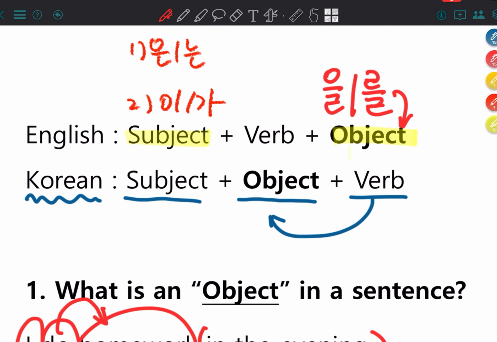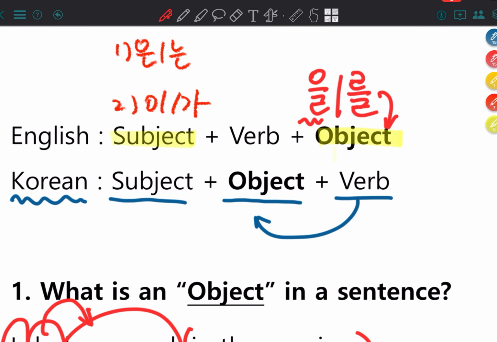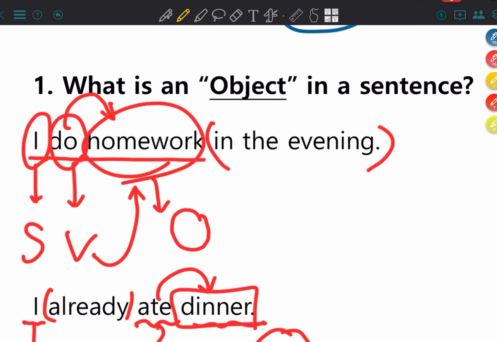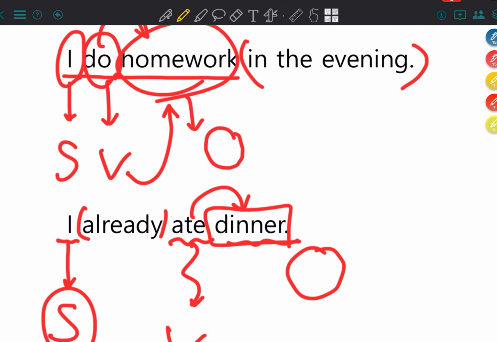And by now, I'm sure you guys can guess that 을 is placed after a noun that does end in a final consonant, and 를 is placed after a noun that does not end in a final consonant, that ends in a vowel, right? So let's practice using these object marking particles in the sentences that I brought.